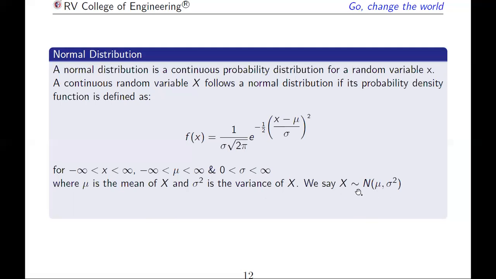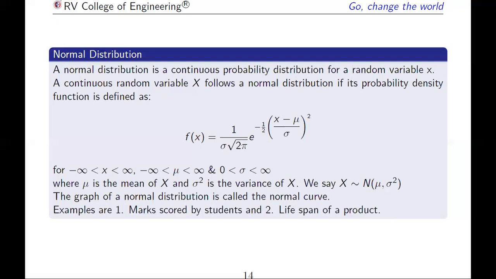We say x is similar to N of two parameters mu and sigma square. This is a notation we follow. The graph of a normal distribution is called the normal curve. Some more examples of normal distributions are marks scored by students and the lifespan of a product.